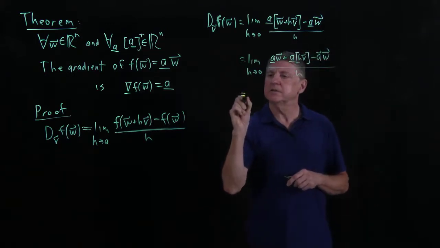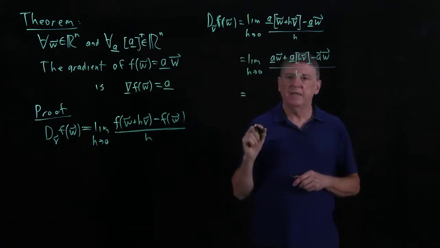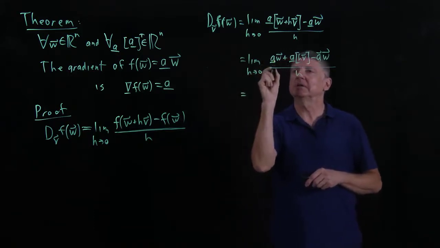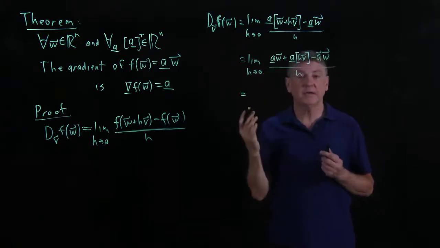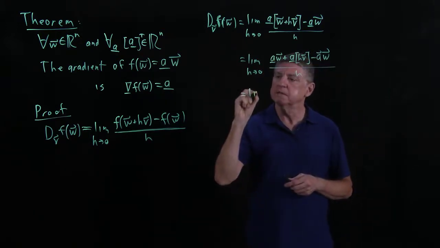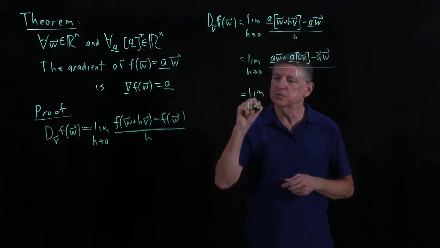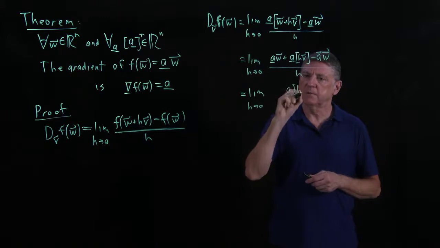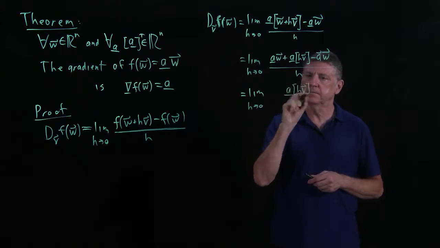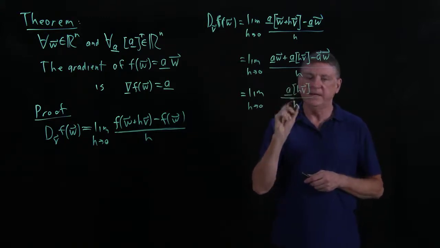And we can take two steps at once, but let's take one step at a time. So here we have a w minus a w, so a w goes away. So that is the limit as h goes to 0 of the one form times h times v over h.